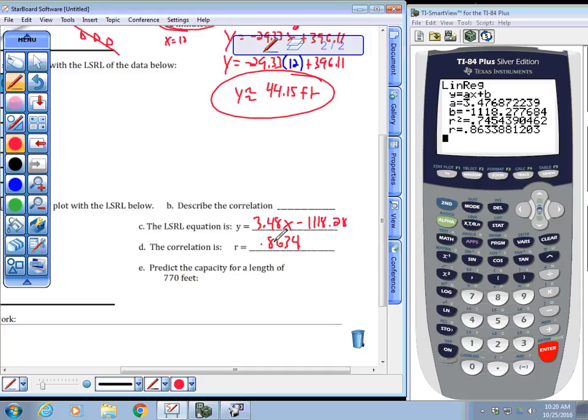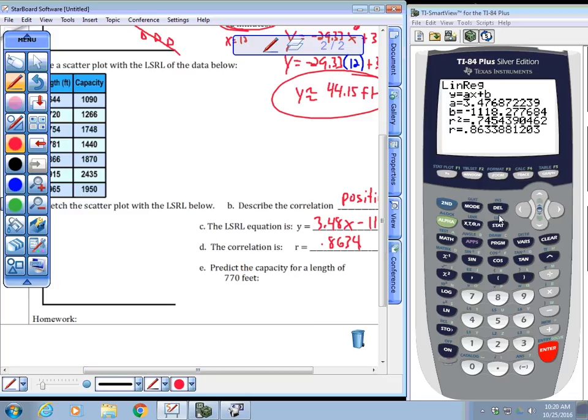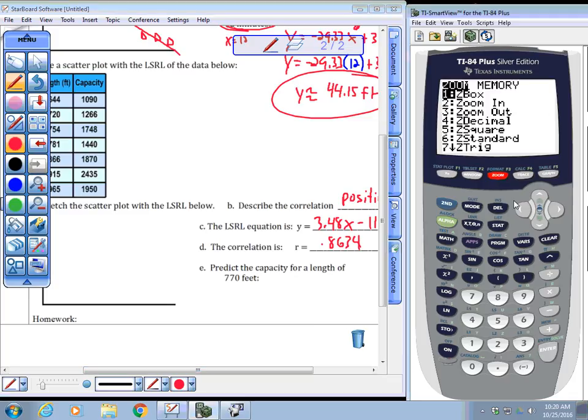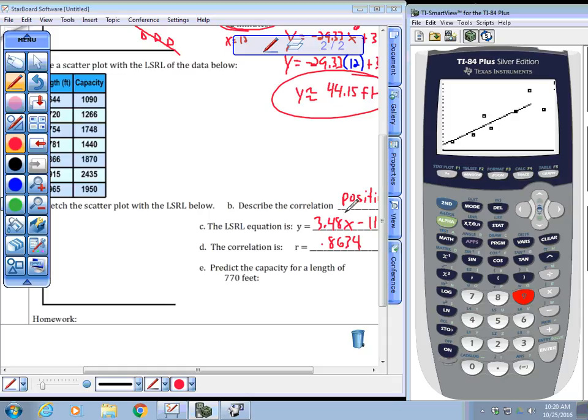And our description, it will be a positive one because the slope is as well as the correlation is. Let's go to zoom and then down to number 9, zoom stat. And you'll see our line being drawn with our graph information on there.